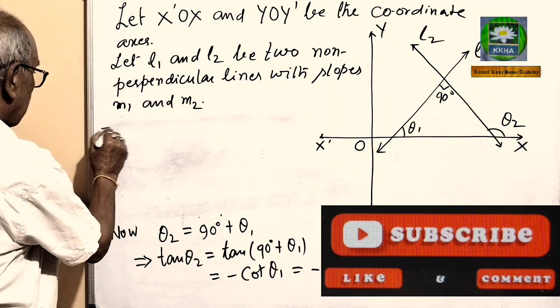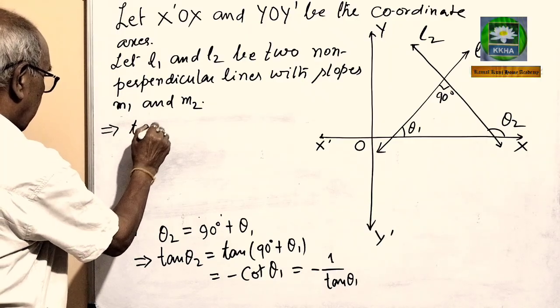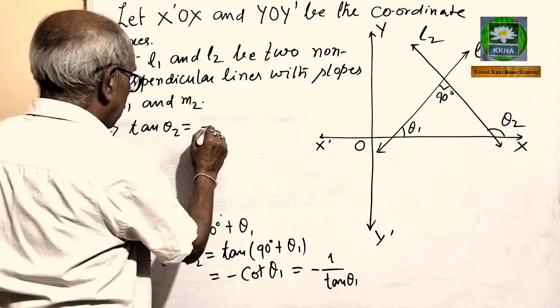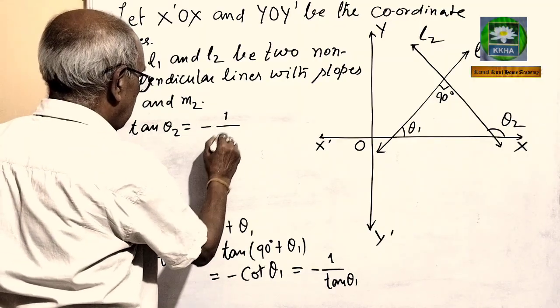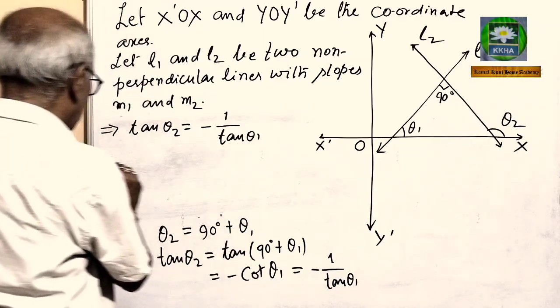This implies that tan theta 2 is equal to minus 1 upon tan theta 1.